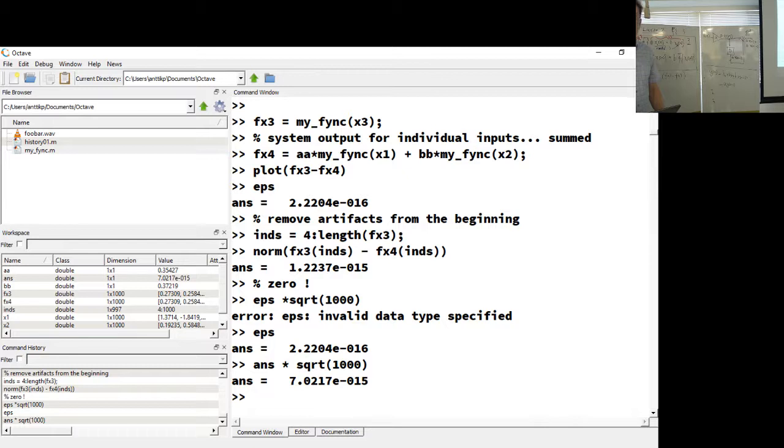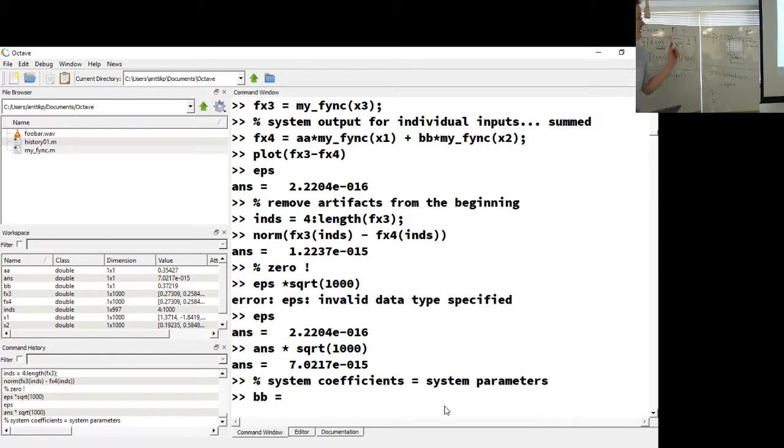So that 4-point running average we had. Where's the cursor? I lost my mouse there. Okay. System coefficients or parameters. The B in our 4-point running average would be 1 quarter, 1 quarter, 1 quarter, 1 quarter.